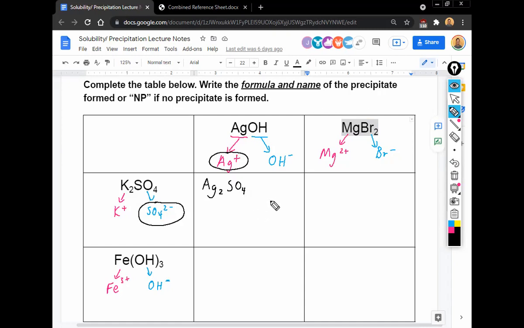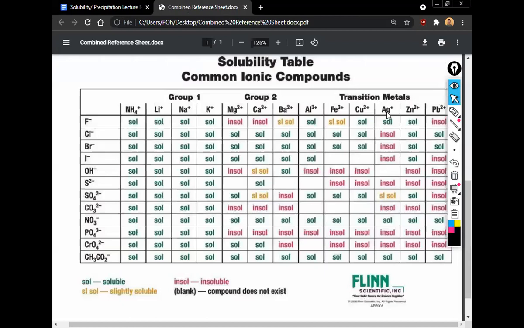That gives me Ag2SO4. I can tell if it's soluble or insoluble by taking a look at the table. So if I look at Ag and SO4, does this dissolve in water or does it not dissolve in water? If it's slightly soluble, does it form a precipitate or no precipitate?